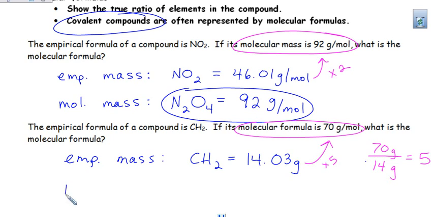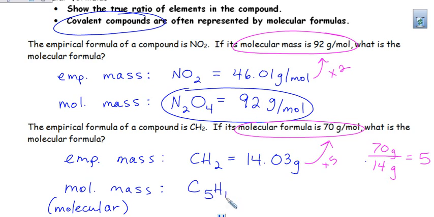So if I wanted to double check the molecular mass, that's not molar mass, by the way, that's molecular mass, it needed to be 5 times as large. So I'll just multiply my empirical formula by 5. So instead of a ratio of 1 to 2, I'm going to make it C5H10.